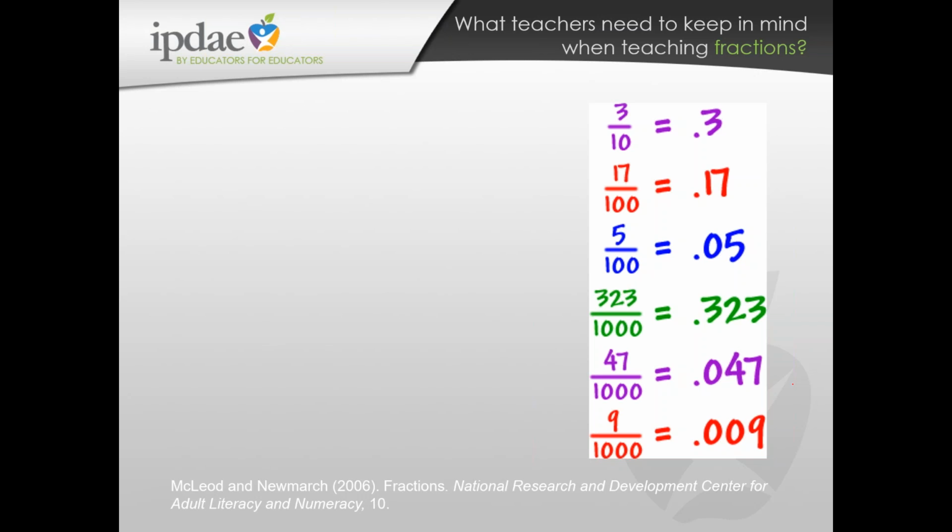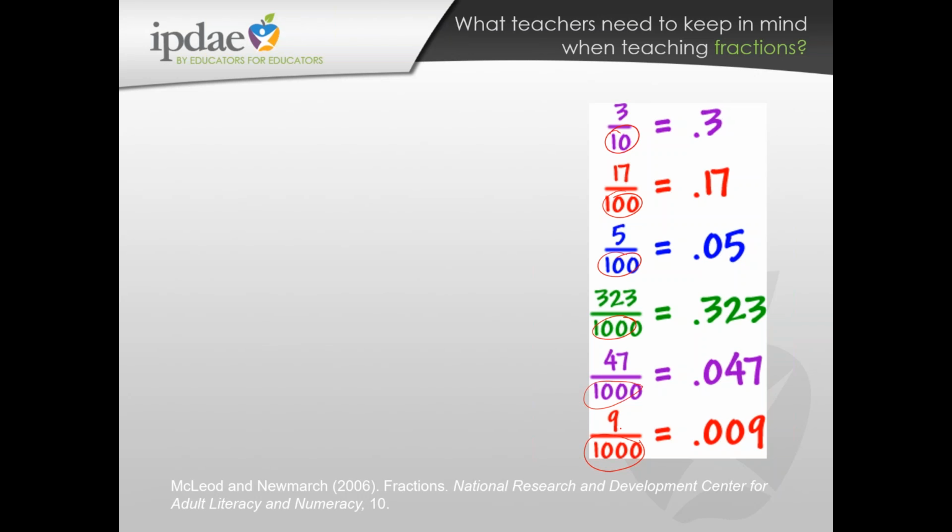What happens to the value of the decimal as the denominator increases in value? We need to stop and do some quantitative analysis with our students and see that as I increase the numbers in the denominator, my decimal equivalent decreases.